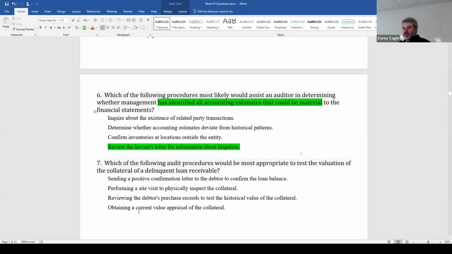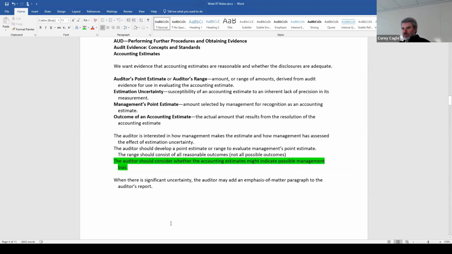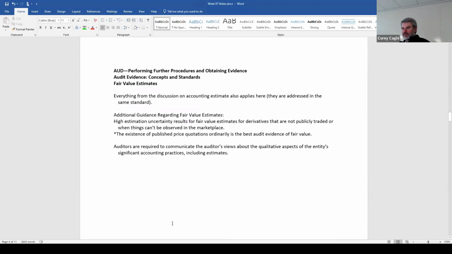Fair value estimates, not a whole lot new to add to this. Everything from the discussion on accounting estimates applies here. They're really addressing the same audit standards, so I didn't add much more. High estimation uncertainty results for fair value estimates for derivatives that are not publicly traded or things that can't be observed.